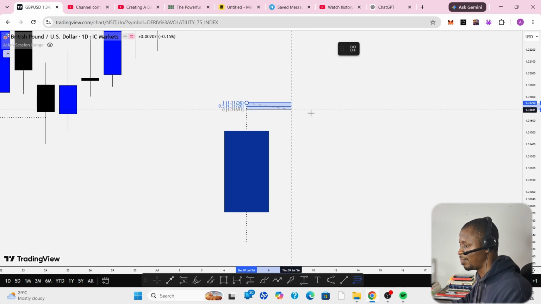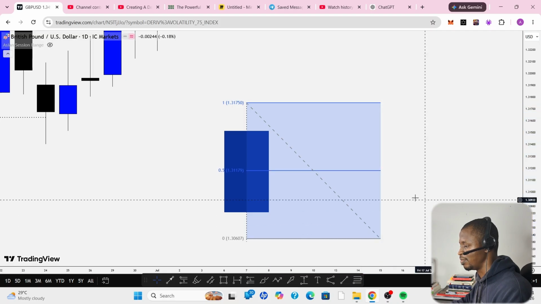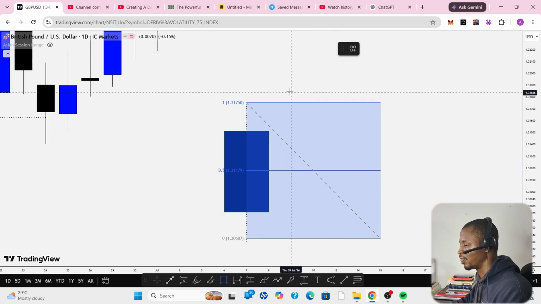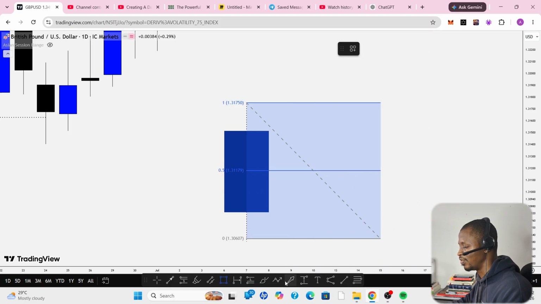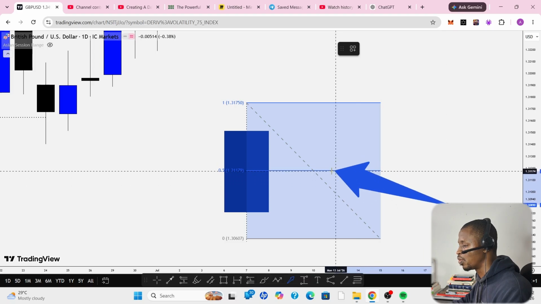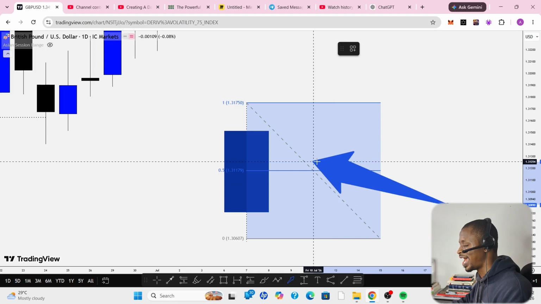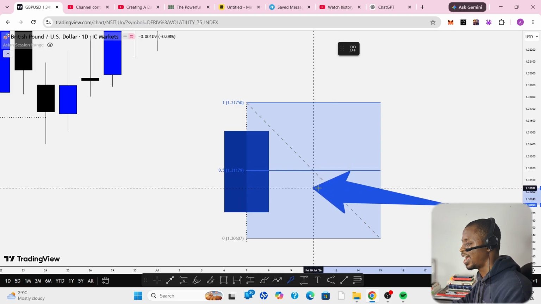Do you understand? So maybe if this candle is our expansion candle, and it closes as a bullish candle, this is the 50% level. And the next candle that we are going to be waiting for the next day, we don't want it to go below this 50% level. It should wick and touch it a little bit, but not go towards the downside aggressively.